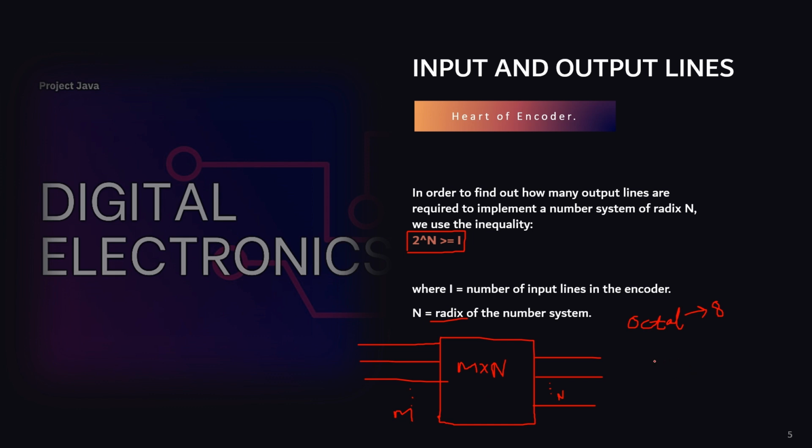Let's apply this inequality and check it. So 2 to the power n must be greater than or equal to 8, which is the number of input lines. We obviously know that 2 cube is equal to 8. So we just require 3 output lines to implement and to encode the octal number system. This is about the input and output lines. We'll know more about this in the board work.